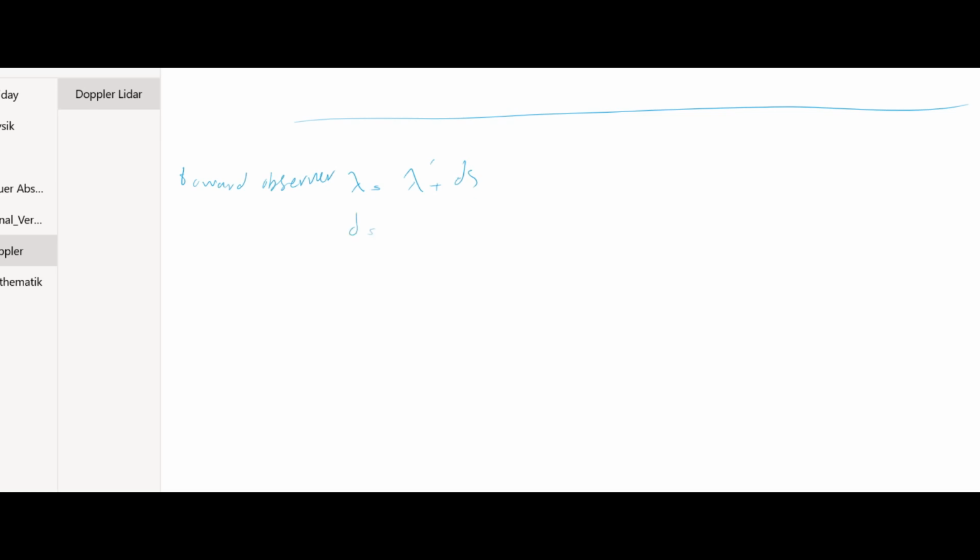D is equal to d prime plus d of s, and we know distance is equal to velocity times time. So we have traveled two wavelengths with the speed of light, and in time, two time periods.